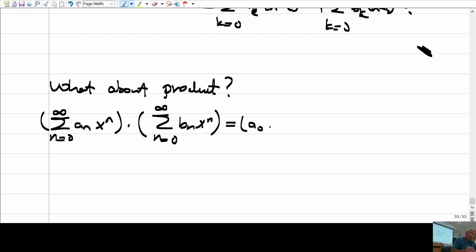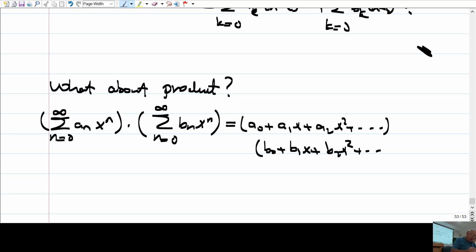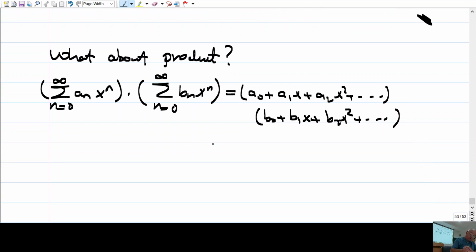So you would do this: a0, a1x, a2x squared, and so on, and then b0, b1x, b2x squared, and so on. So what would be the result? They are actually not polynomials, they are infinite sums, but we may regard them as if they are polynomials. How would you multiply them? You would start from the constant terms.